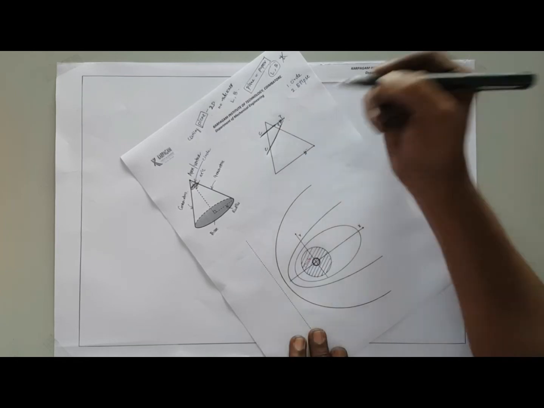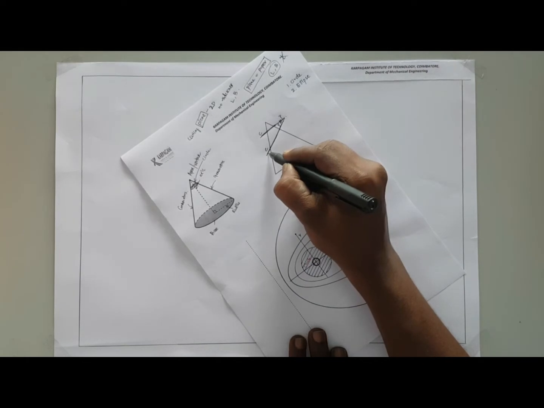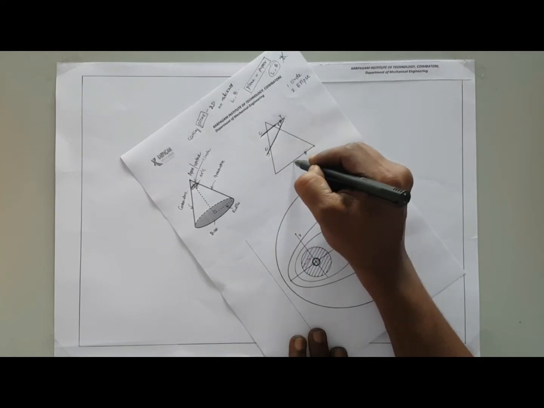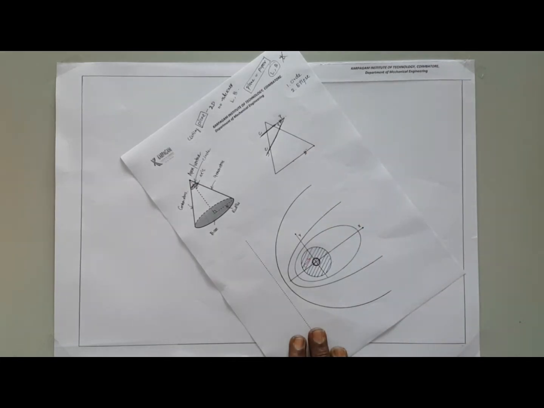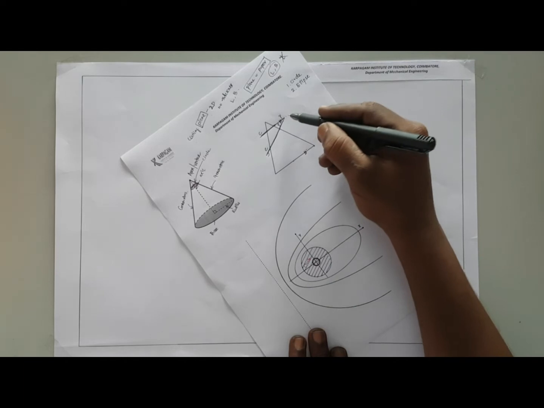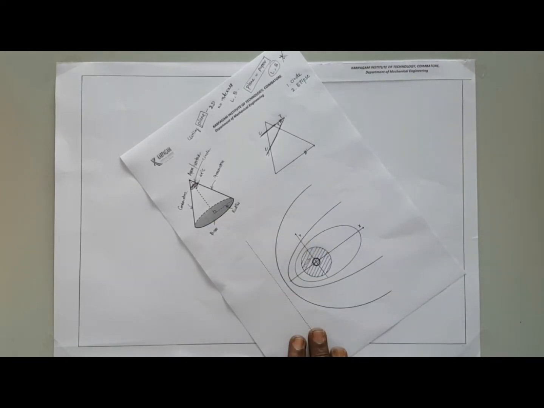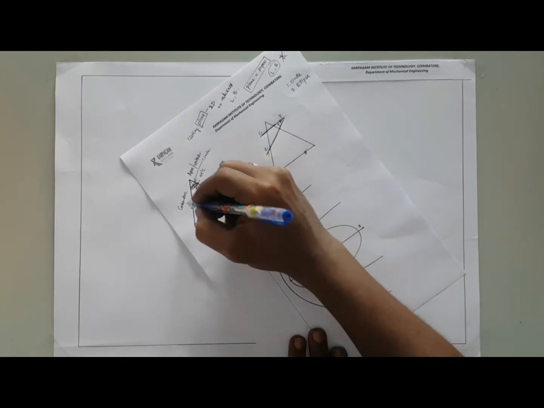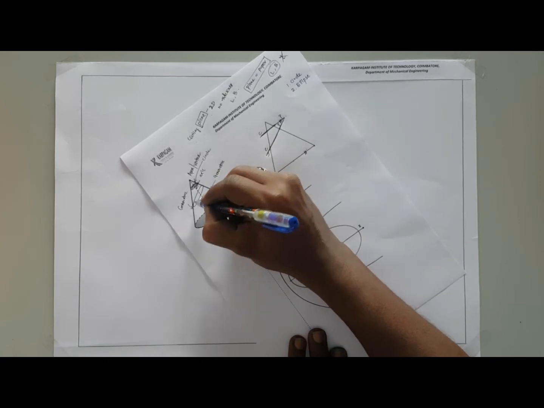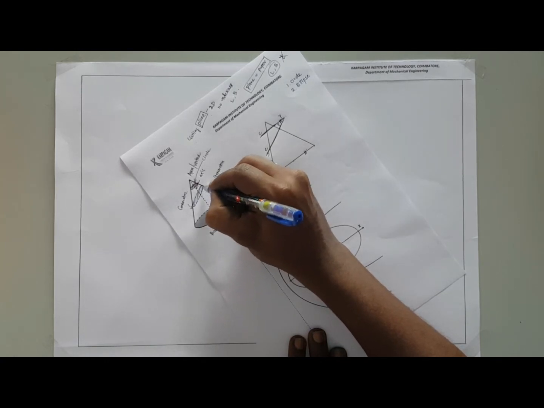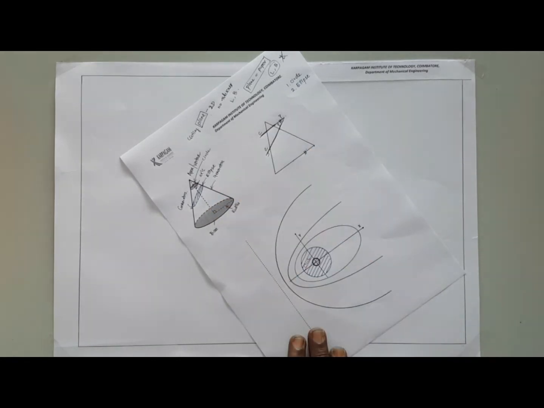The cutting plane has some angle of inclination with the base, as well as it also cuts all the generators in a cone. If you cut like this, you will be getting an ellipse like this. This is an ellipse.